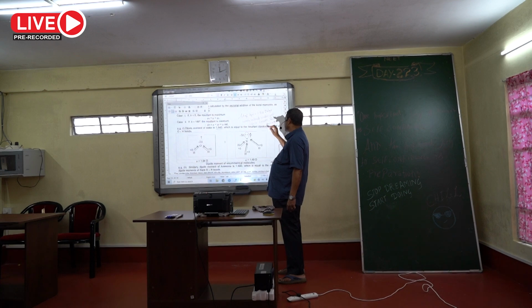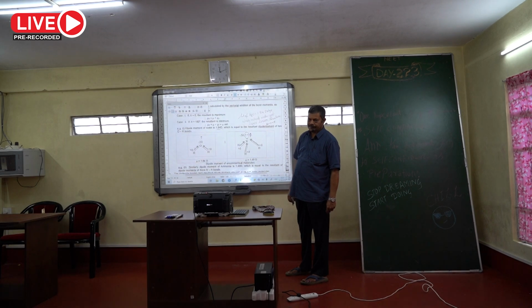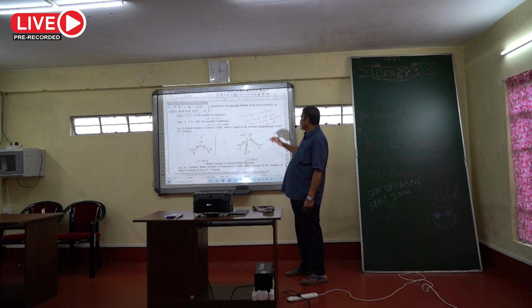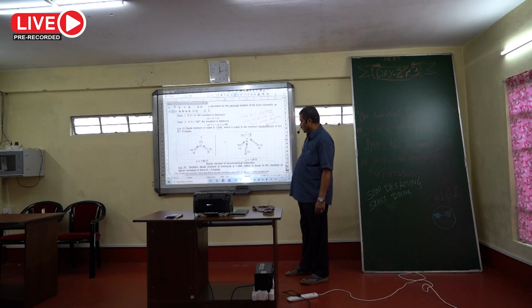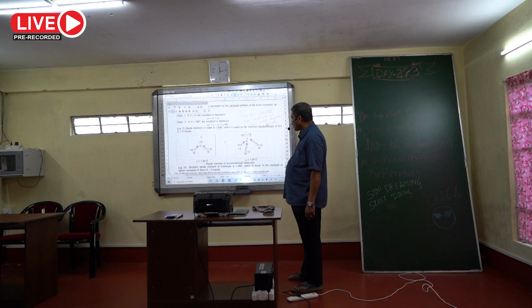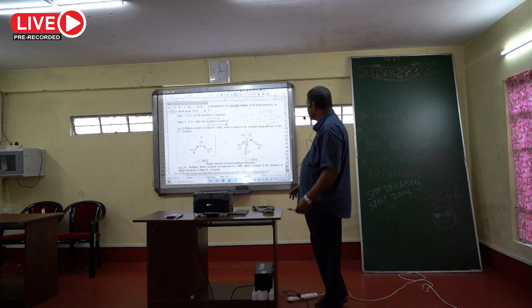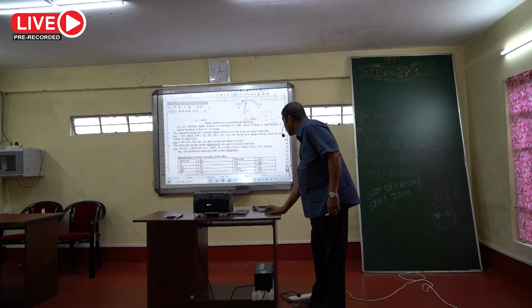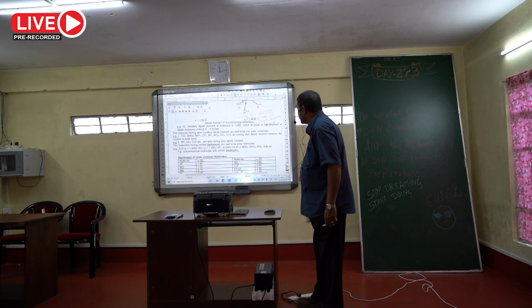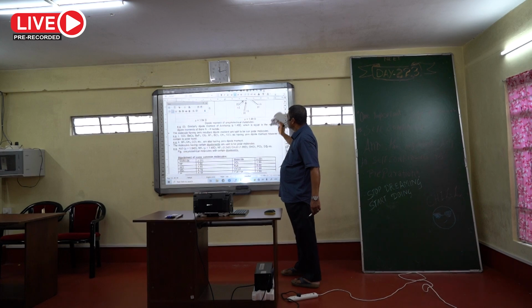Why can't you write water like this? If it had a linear structure, mu should be 0. So whenever mu is not equal to 0, it cannot have a linear structure. Next.